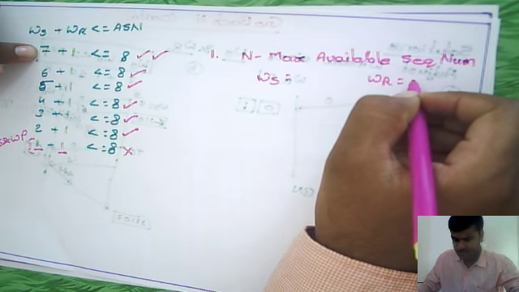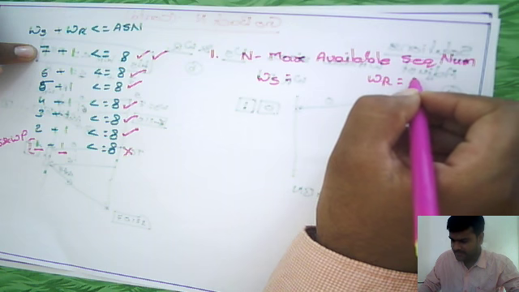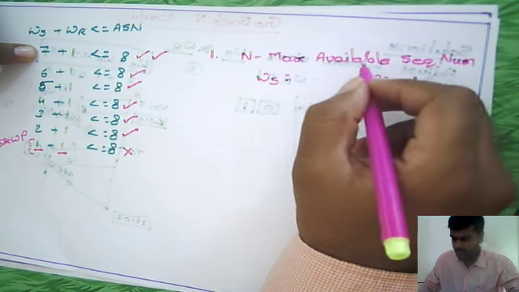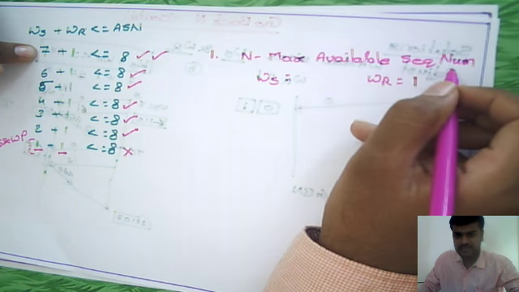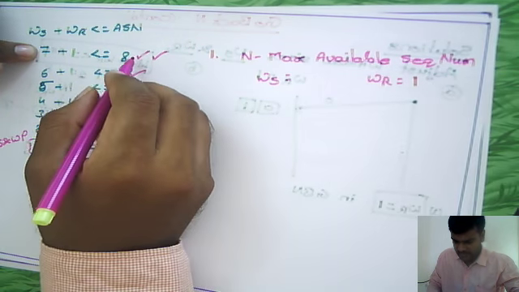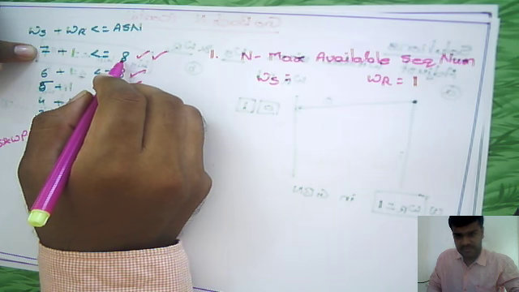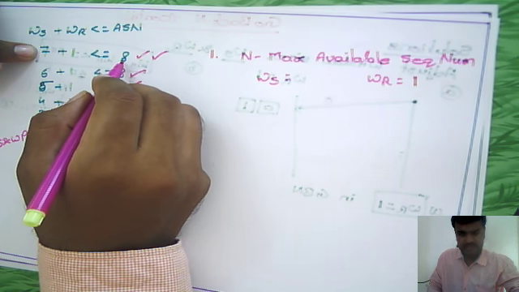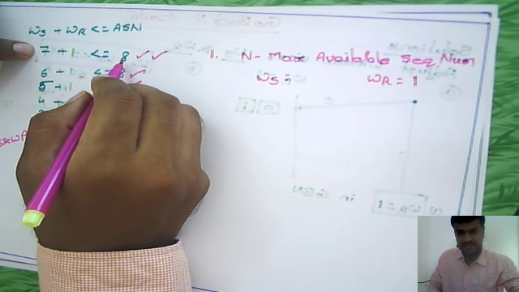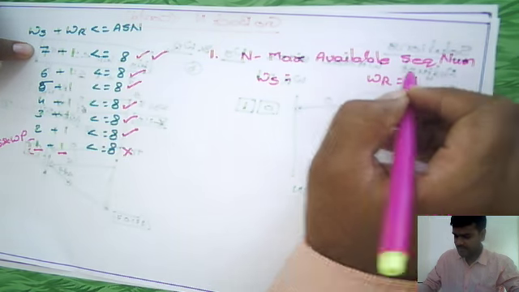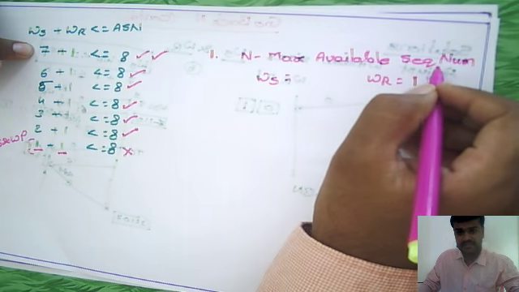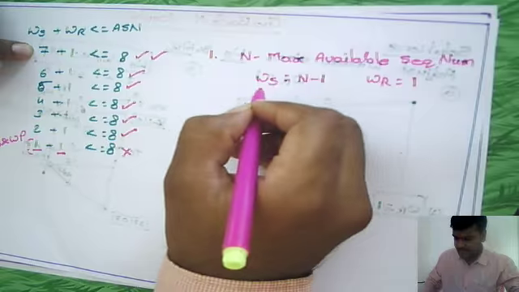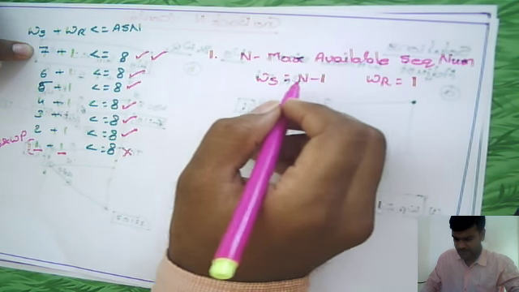In all cases in Go-Back-N, the receiver window size is always 1. Now N is the maximum available sequence number. Here there are 8 sequence numbers, so the maximum available sequence numbers is 8 and the window size is 7. Like this, N is the maximum available sequence numbers, so the window size of sender is N minus 1.